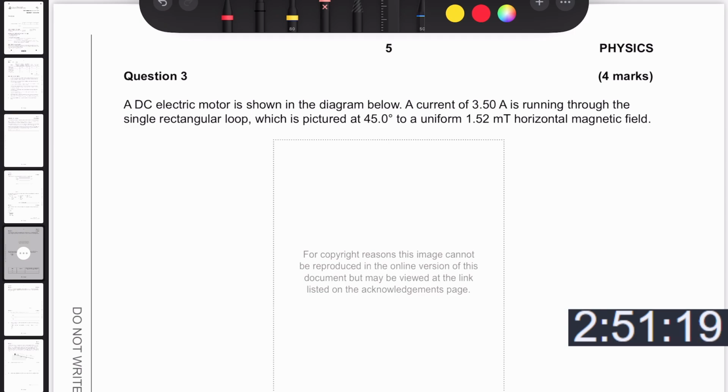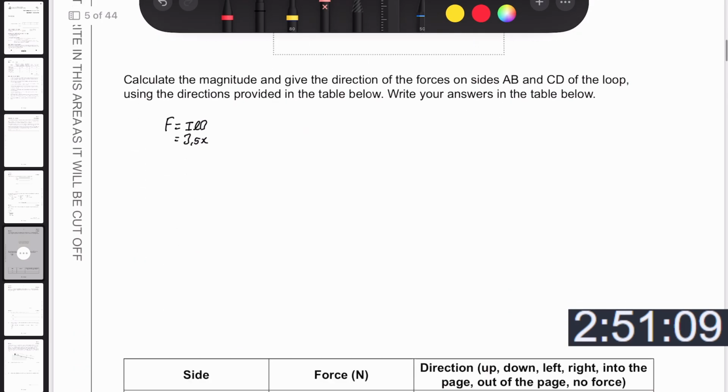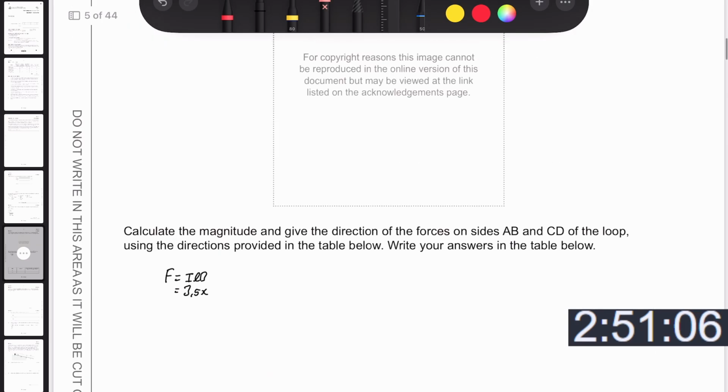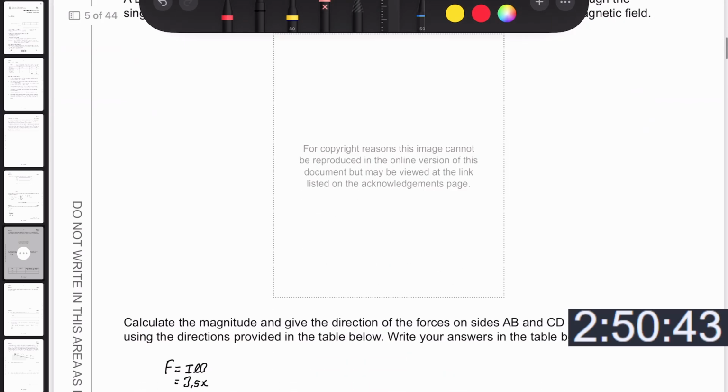Wait, I don't have a length. What force am I going to use now? Let's see how long this is. I don't think it tells me how long the thing is. Uniform 1.52 millitesla.